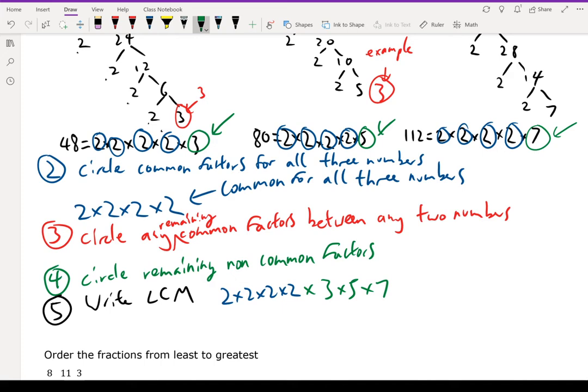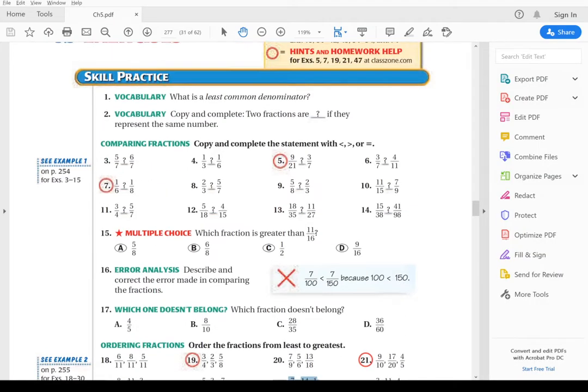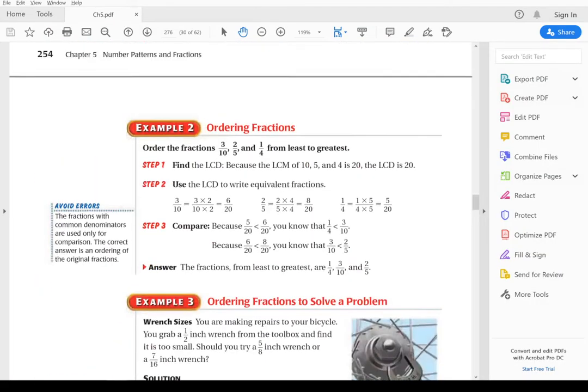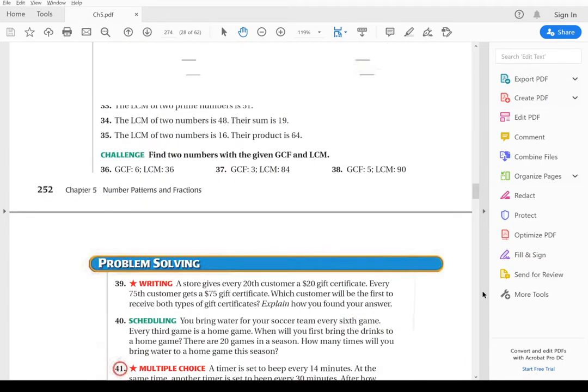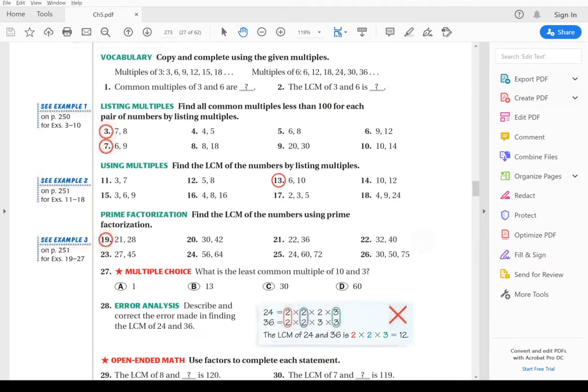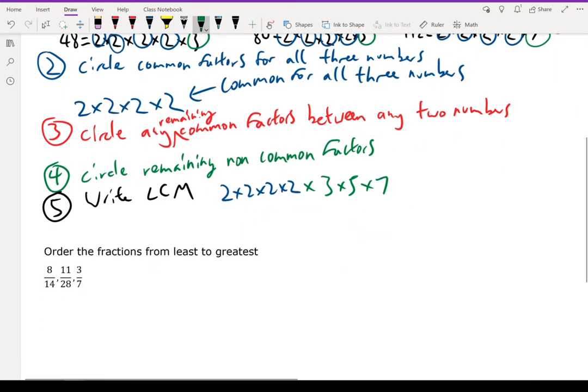I'll come up with another example. Let me quickly go to the homework from before. The previous homework was 24, 60, and 72. Let me just quickly go through that.